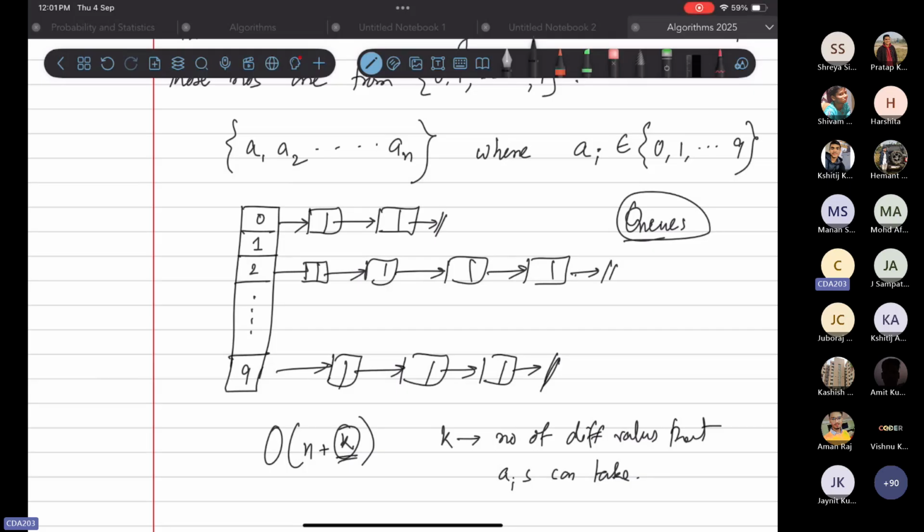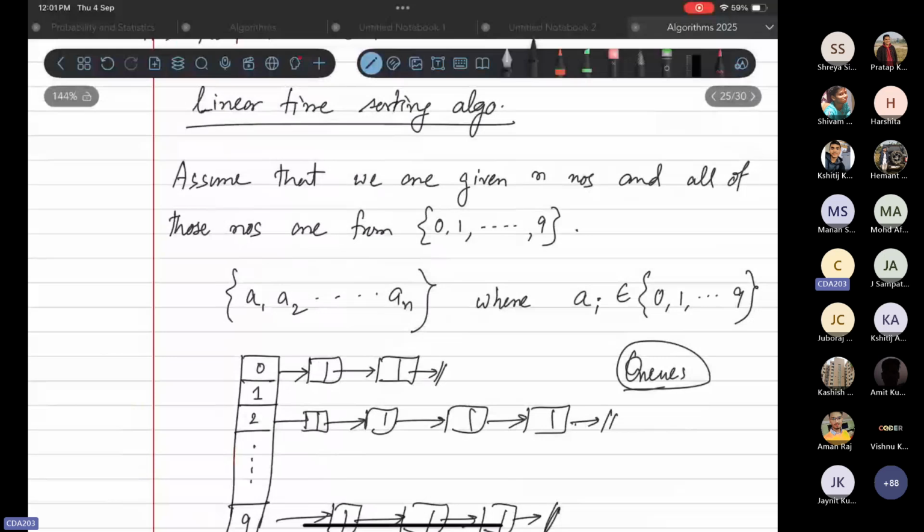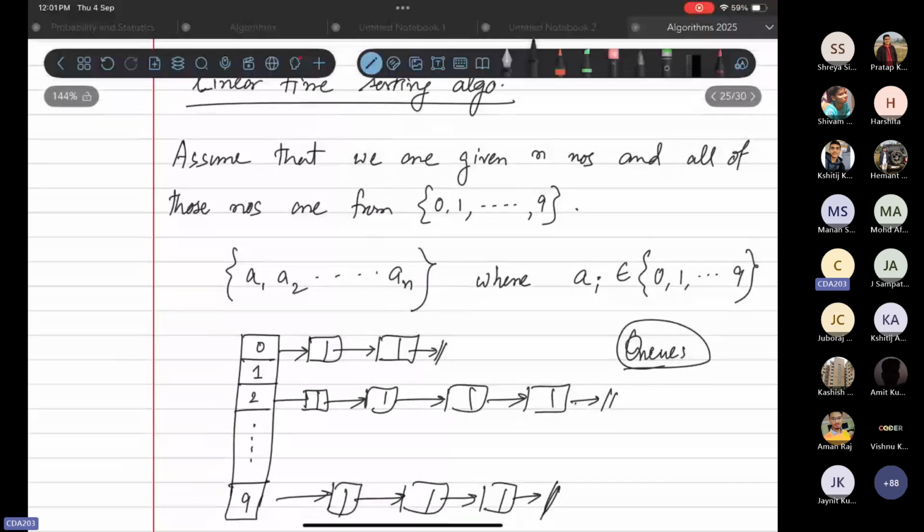But in general, I'll write this algorithm again, since we have almost finished the time. We'll continue with this particular algorithm for sorting n numbers under a certain assumption.